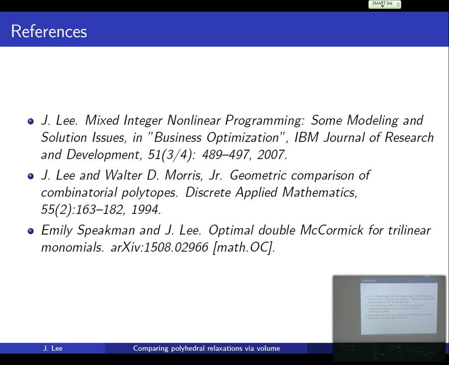Oh, by the way, you may ask, what model is really trilinear? But anytime you're multiplying three things, this is relevant. And in a past life, I worked for a large microelectronics company, and they had huge models for microelectronics imaging that had trilinear terms.